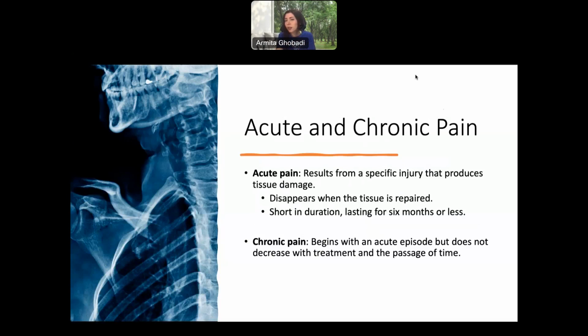I don't remember if I said it lasts more than 6 months, but if I said that, it is wrong. It is definitely lasting 6 months or less. So it's acute pain. If your pain lasts more than 6 months, it's definitely chronic pain. And you have to address that because it's lasting more than 6 months. My goodness.